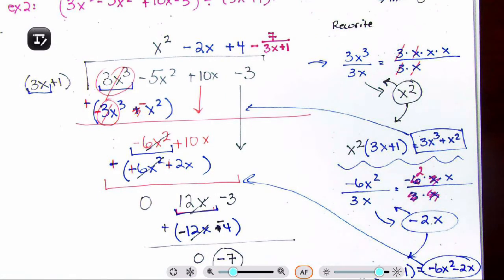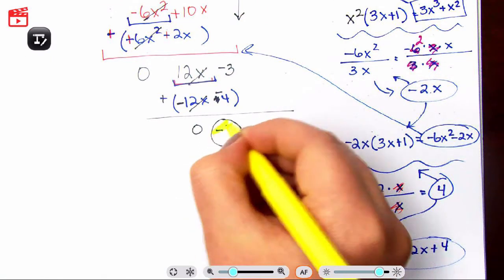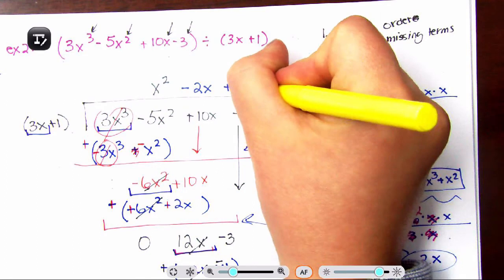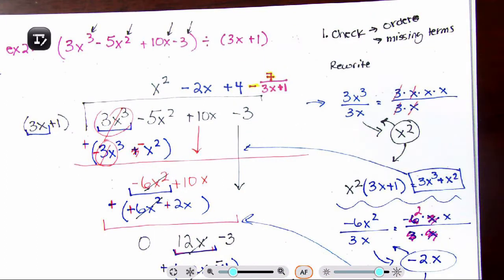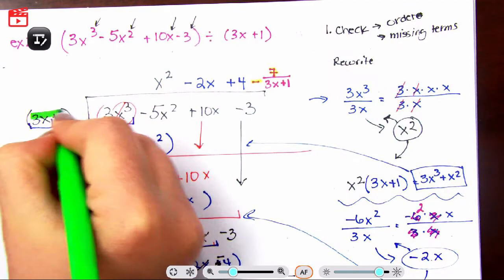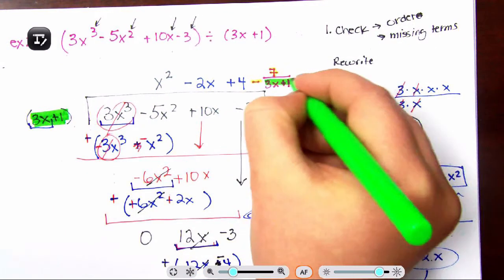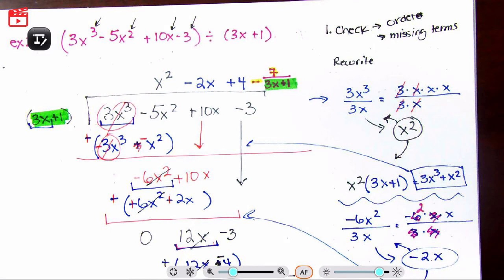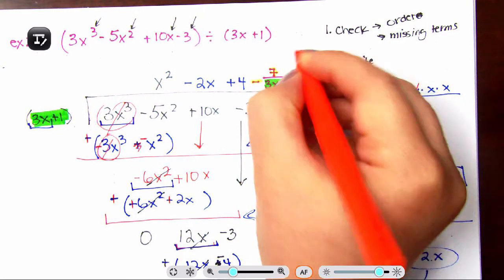You're going to take this number, negative 7. That's your remainder. You're going to write this in a fraction form. So here's negative 7. And what is underneath that fraction is whatever you're going to be dividing by, your divisor. And your divisor is here. Then what is your final answer? Your final answer, your quotient, is this right here.